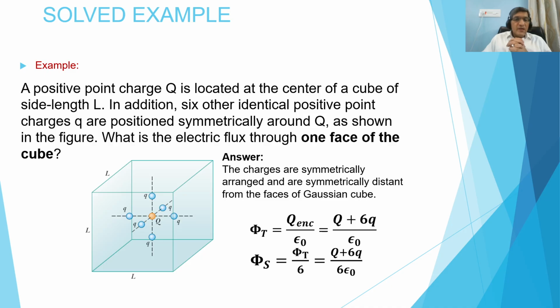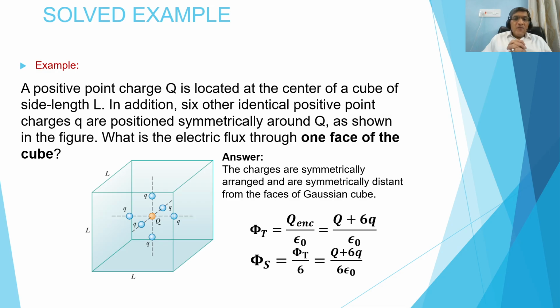First I read very carefully each and every term of the question, and then we explain. A positive point charge capital Q is located at the center of a cube of side length L. In addition, six other identical positive point charges small q are positioned symmetrically around capital Q as shown in the figure.